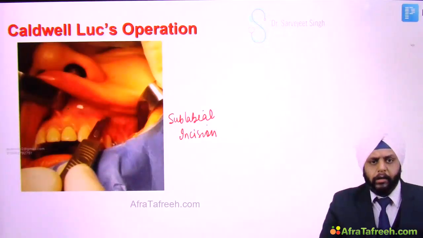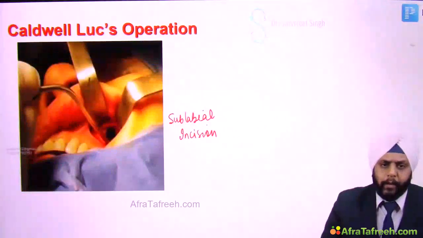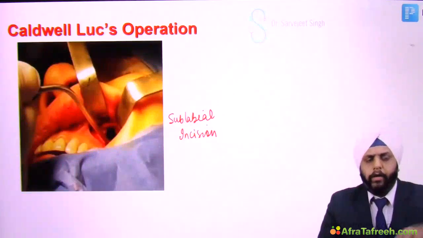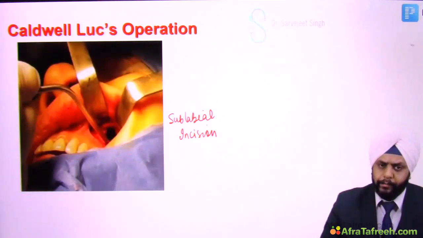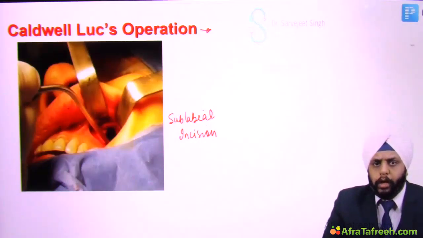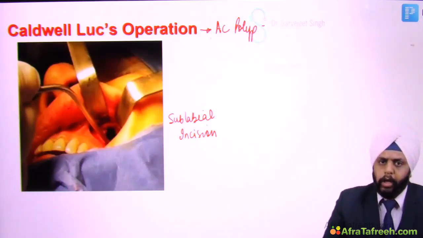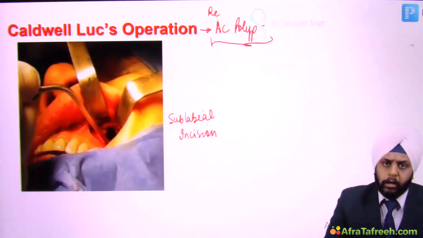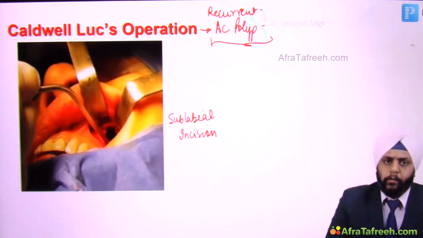We break the anterior wall of the maxilla, the anterolateral wall, and we enter the maxillary antrum. Now this operation, Caldwell-Luc operation, was earlier done for antrochoanal polyp, especially recurrent antrochoanal polyp. Okay, this was done earlier, not now.